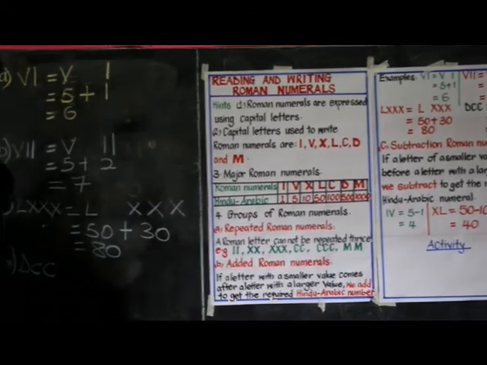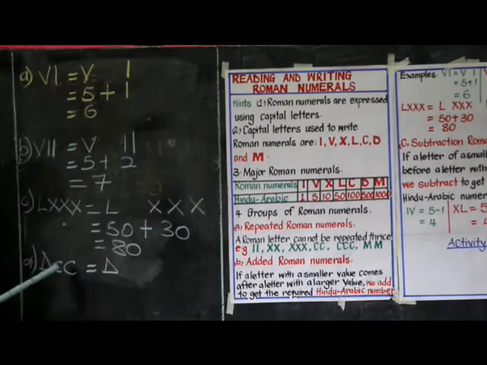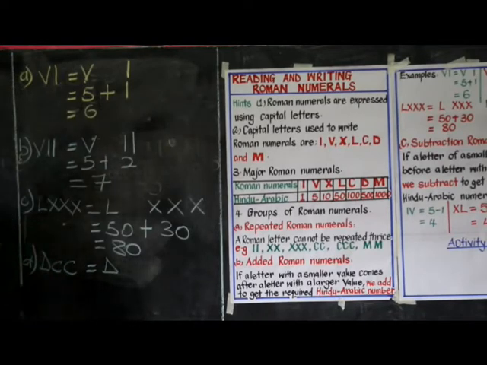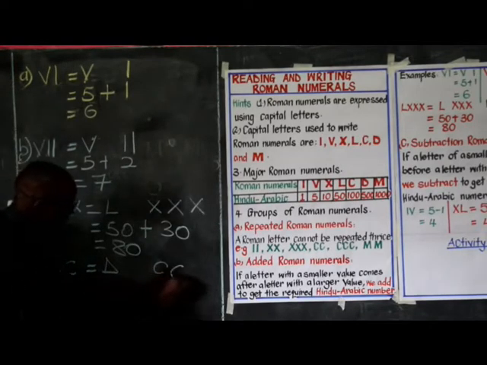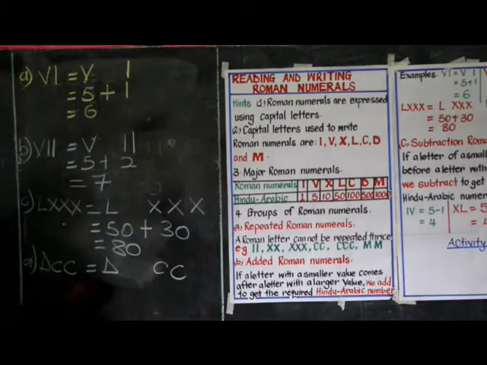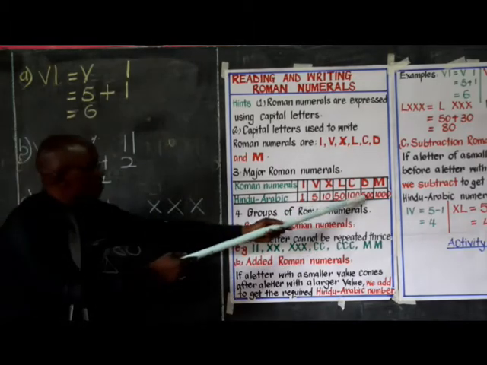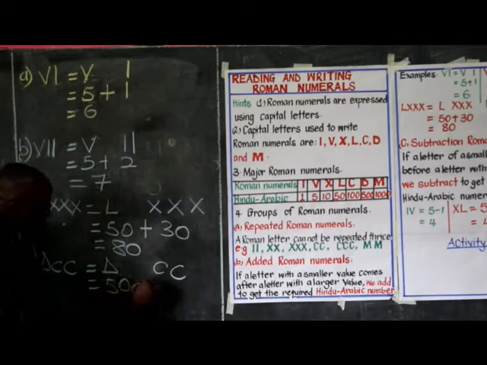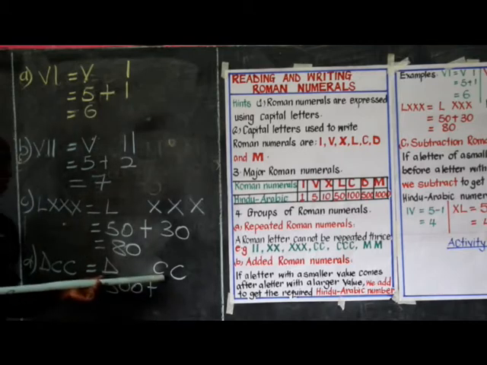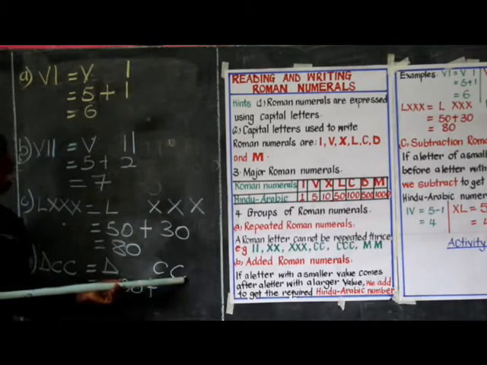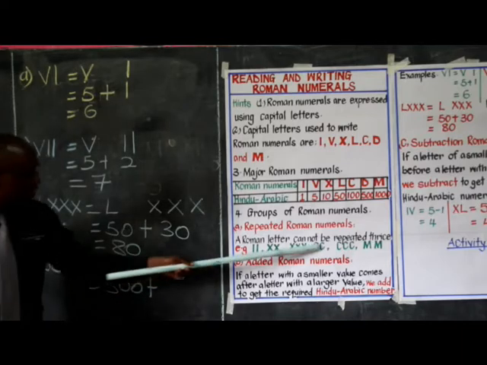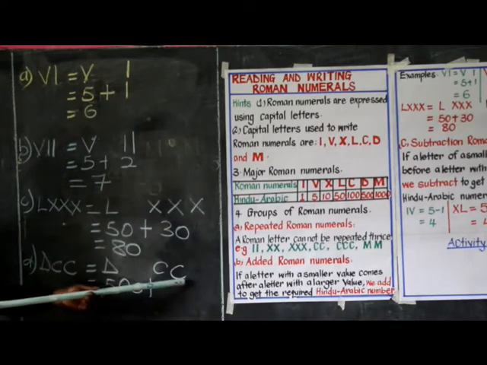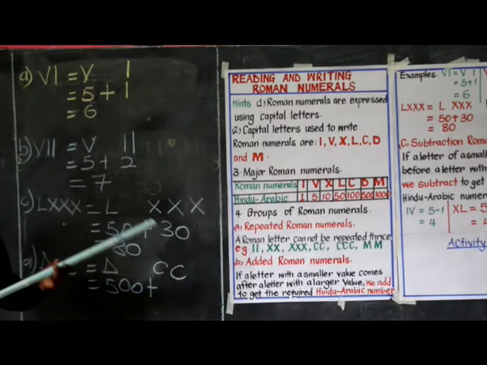So the higher value is D, and the two C's come up with one number. CC is a number of its own. So then we come to D. D is 500, plus CC. This is 100 plus 100, which is 200. If you remember what I explained here, when you see two letters repeatedly written, it means you add that particular figure.